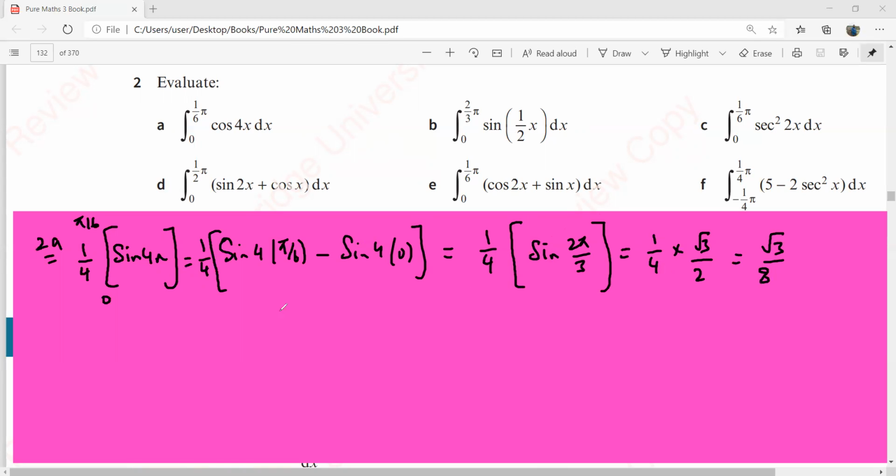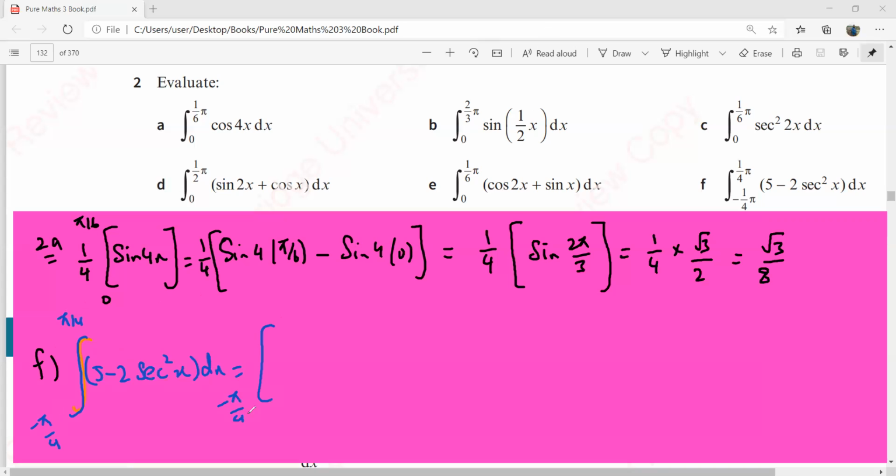Okay. Look at this part. You have to integrate from minus pi by 4 to pi by 4, 5 minus 2 secant square x dx.